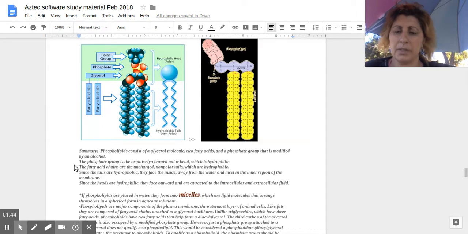If phospholipids are placed in water, they form into micelles, which are lipid molecules arranging themselves in a spherical form in aqueous solutions. So the hydrophilic sides face outward and are attracted to intracellular as well as extracellular fluid.